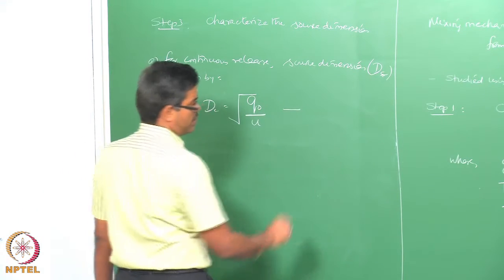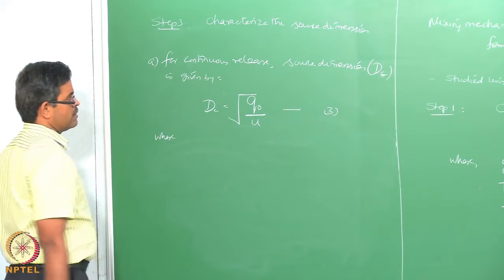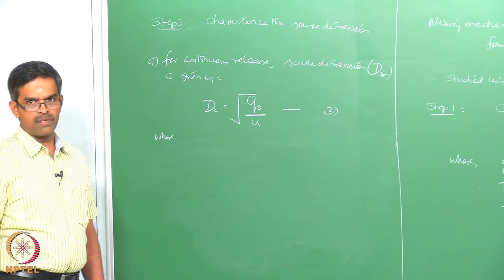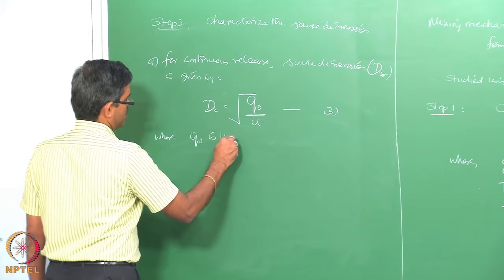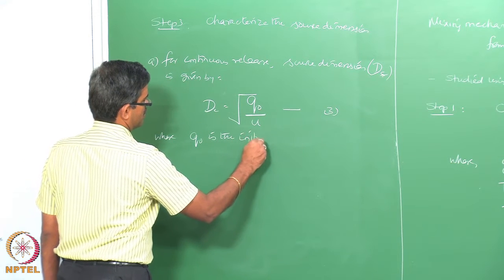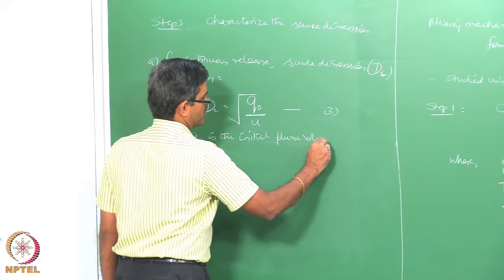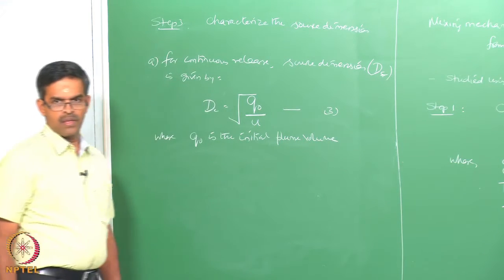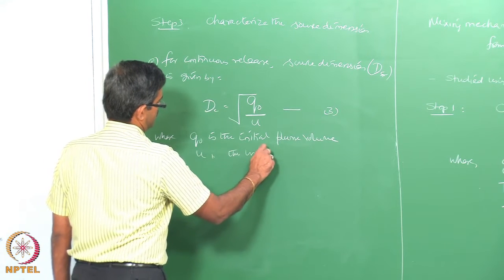Equation number 3, where dc is of course the source dimension, and q naught is the initial plume volume, and of course u is the wind speed.